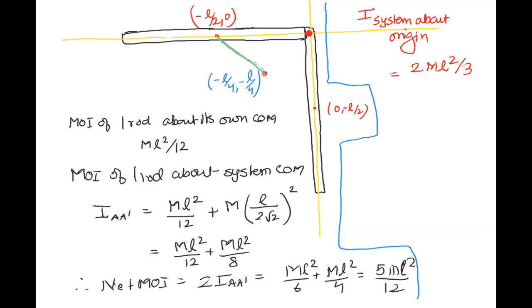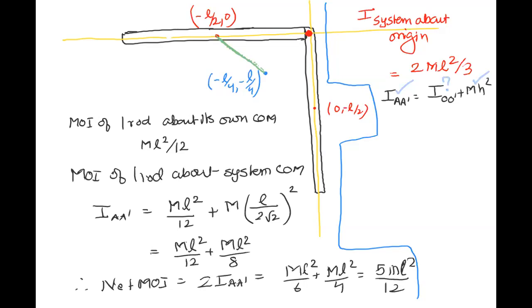But which one? The unknown one, जो हमें निकालना है. So in this case, I AA dash is equal to I OO dash plus mx square. We know the value of this and we know the value of this, but we don't know the value of this.